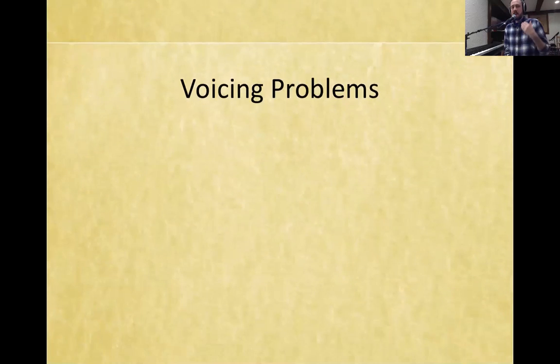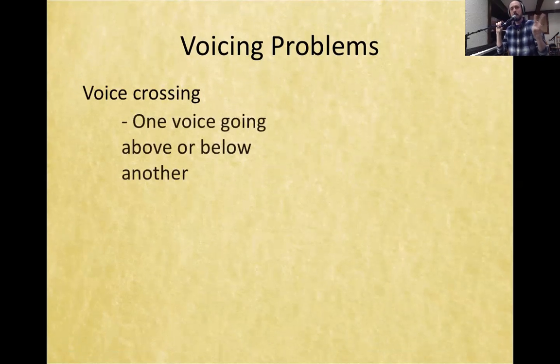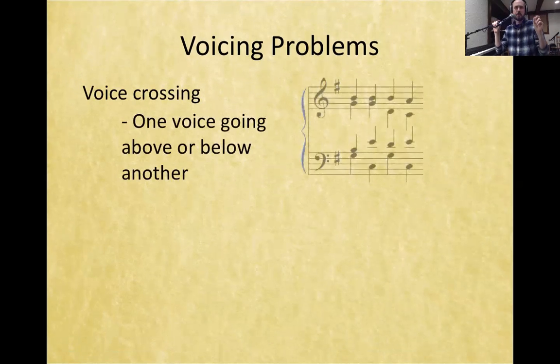So we looked at some of the positives here. Let's explore some of the negative things that can happen when we're voicing chords. And we want to look at two problems that can arise. So the first here is what we call voice crossing. And this is definitely an issue.